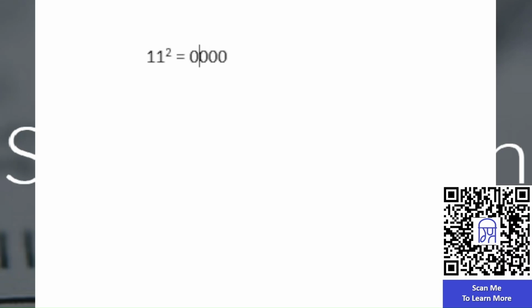Now, the first two digits are the square of the first digit here. So 1, the square is 1, and the last digit is always 1. Now we're left with one digit in between, which is 2 times the 10th digit here. So 2 times 1 is 2, and hence the square of 11 is 121.